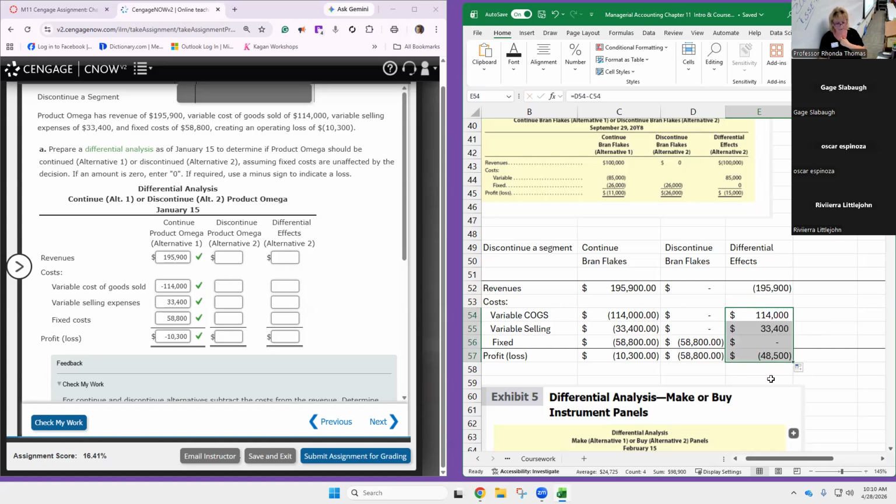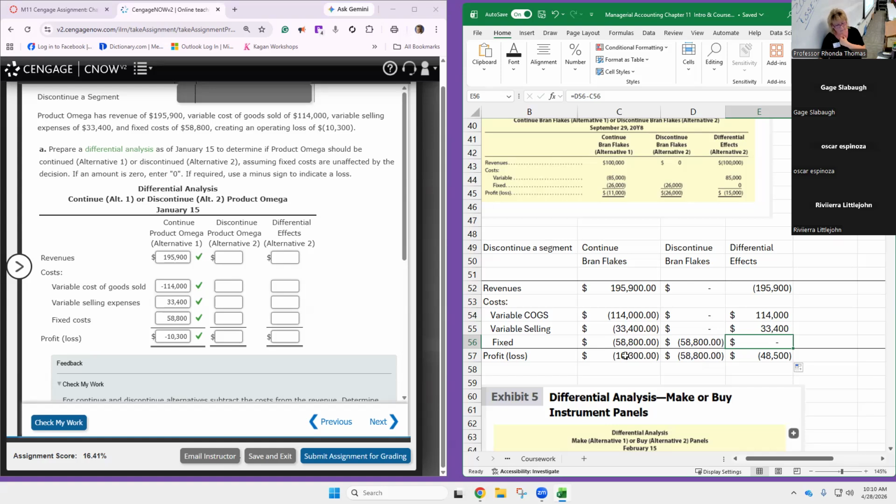And what do we have sitting here? By eliminating the bran flakes, what's just happened? Well, now remember, with the bran flakes, this is what the profit was. It was a loss, but now it's even worse. So it's a worse loss because we just eliminated a line that was somewhat profitable because it just couldn't cover all the fixed in that area, right?